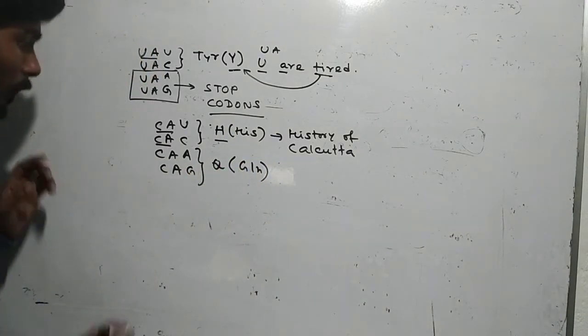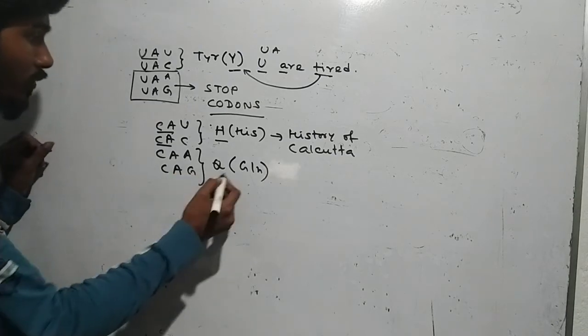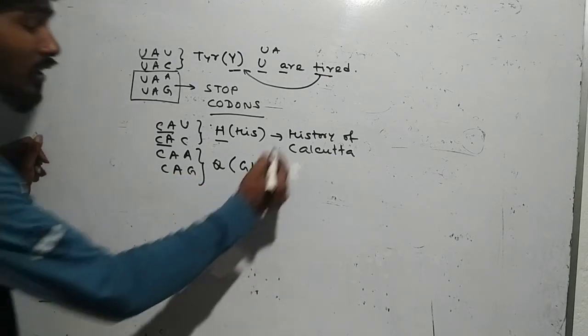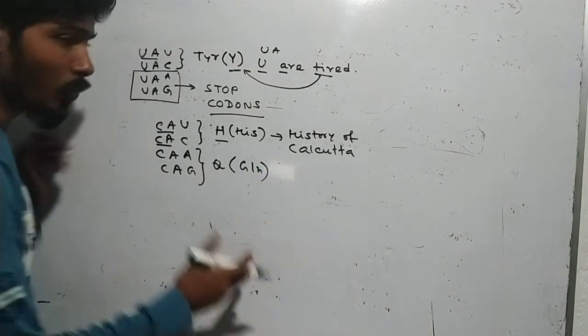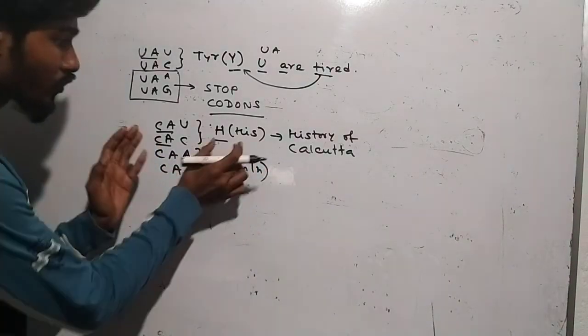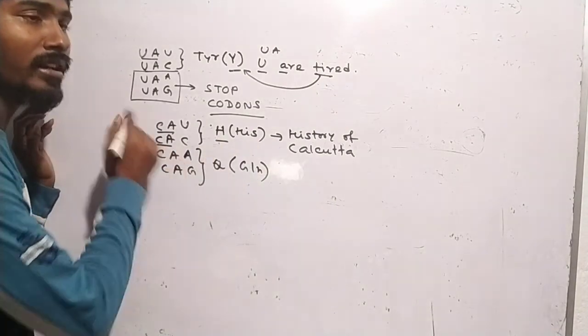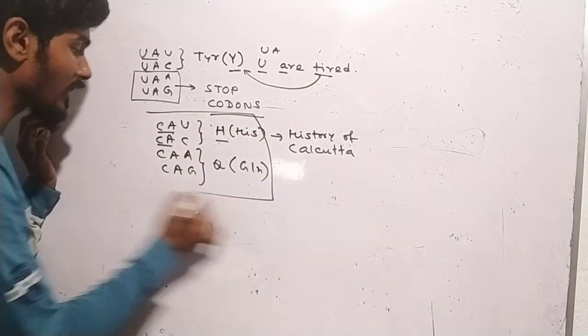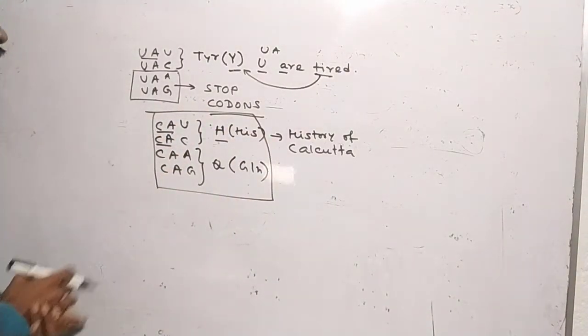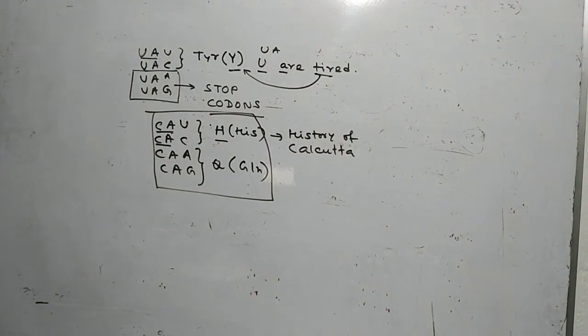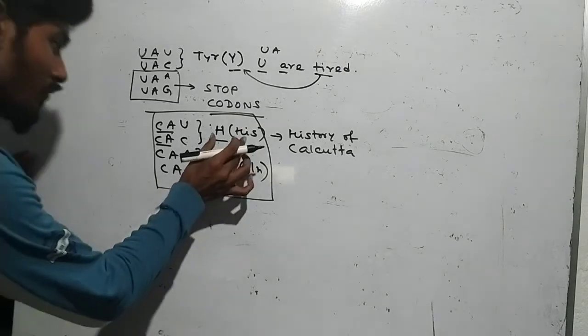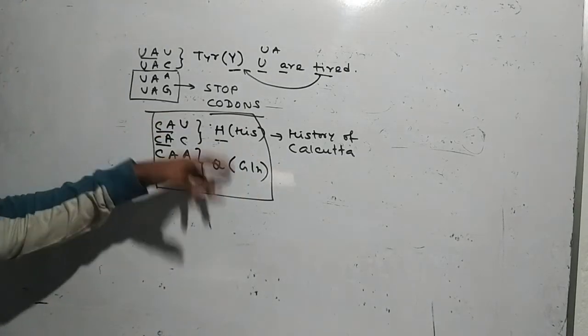Now how can you remember this? It is very easy, because you have seen that the word was high quality. So first histidine is there, and in the same row you will get the glutamine. So there is nothing like that you cannot remember this. You just find the histidine and then you will find the glutamine.